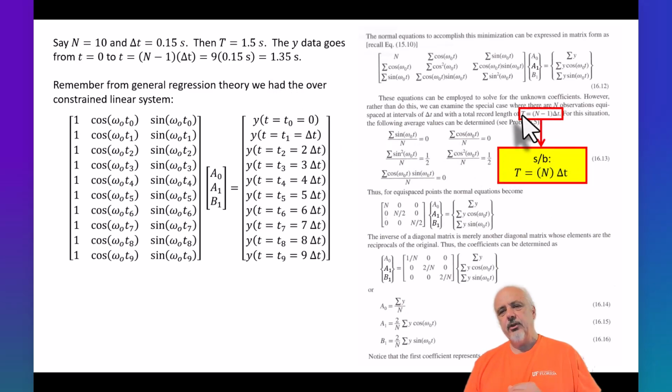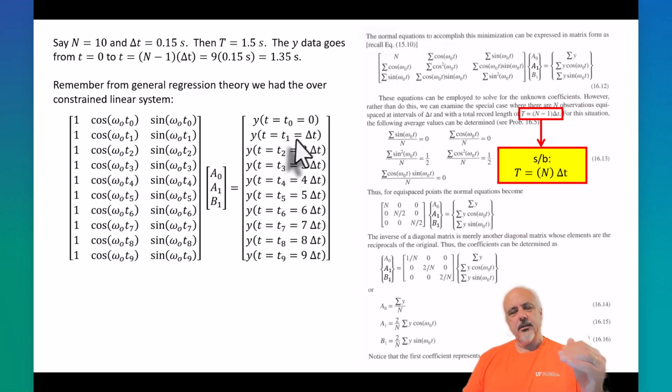There's a little bit of confusion in the book about what the time period is, but the time period is really n times delta T, and the data goes from time index 0 all the way to time index 9.